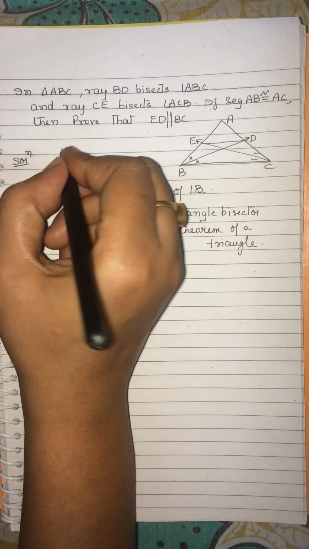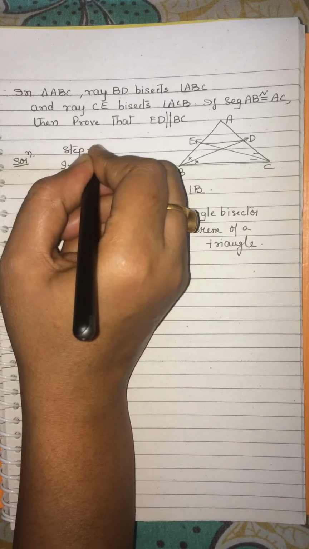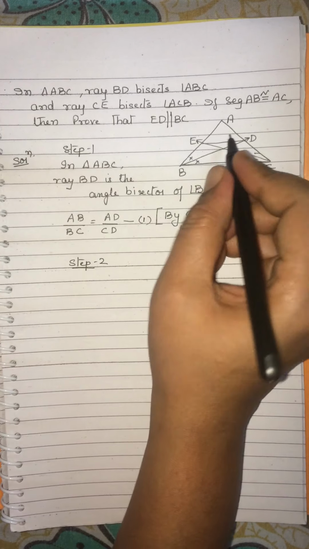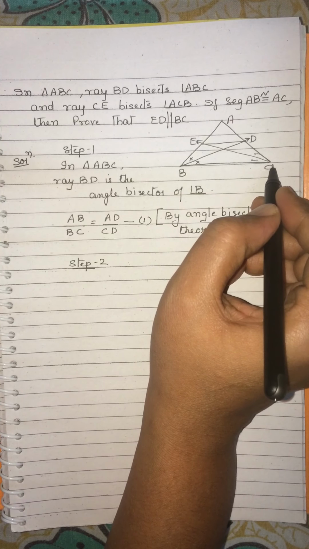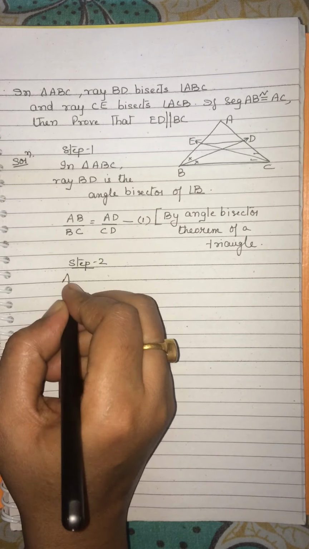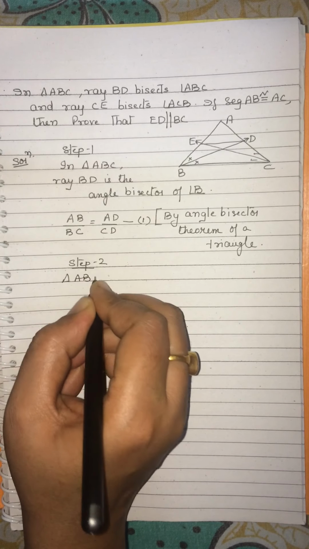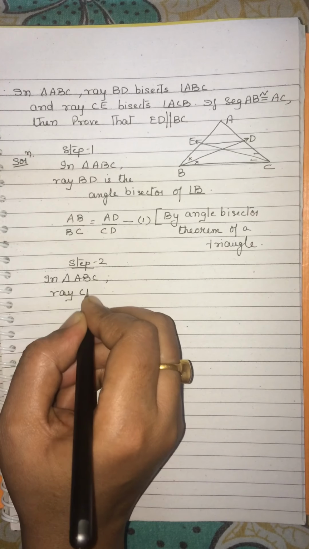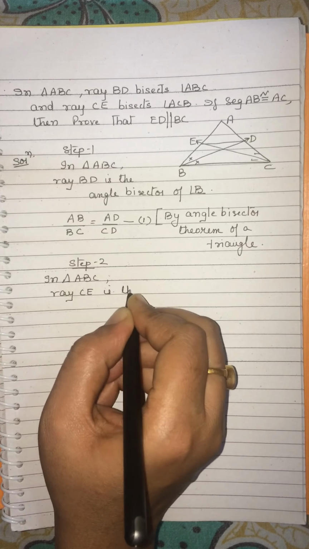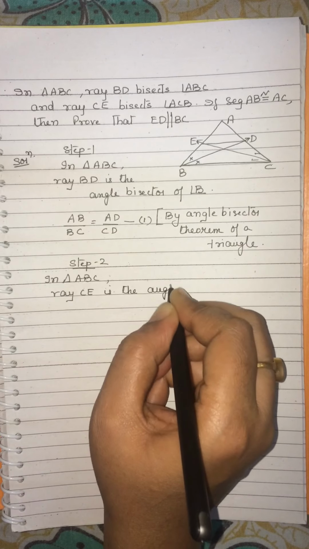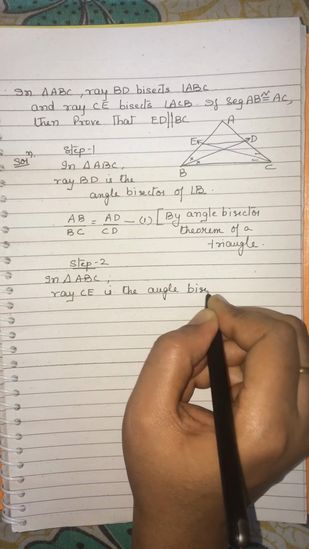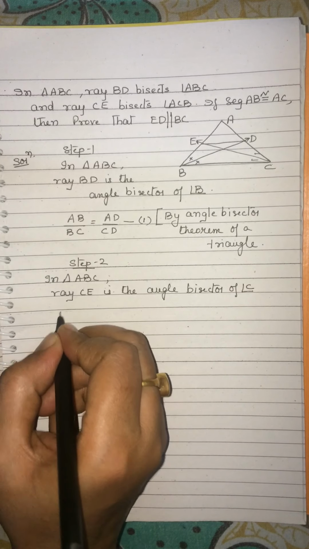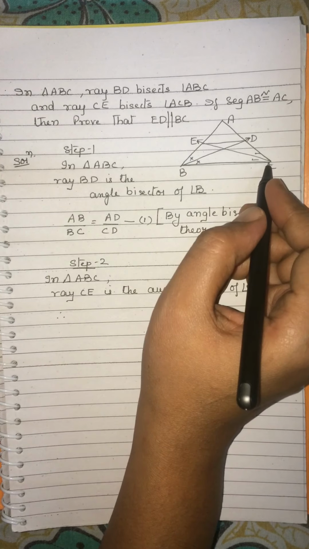Again in triangle ABC, children, this is step 1. Let us see step 2. Again in triangle ABC we have the ray CE as the angle bisector. Ray CE is the angle bisector, children. It is bisecting angle C. Therefore, by the theorem, what do we have?